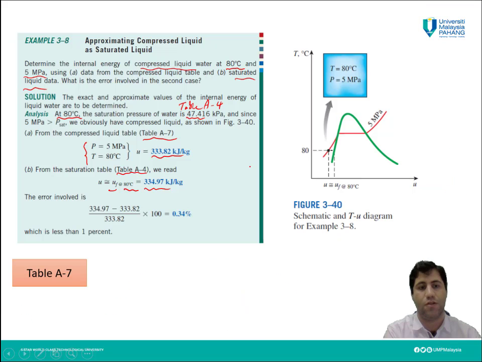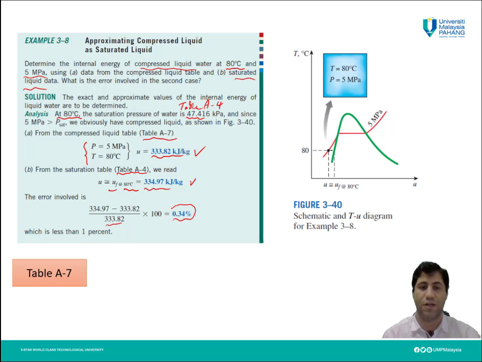Okay, so let's go back to our example. So we found the Uf for this temperature, which is this much. Then how can we calculate the error? Simply by this equation: the approximation method minus the exact method, or accurate method, divided by the accurate method, multiplied by 100.